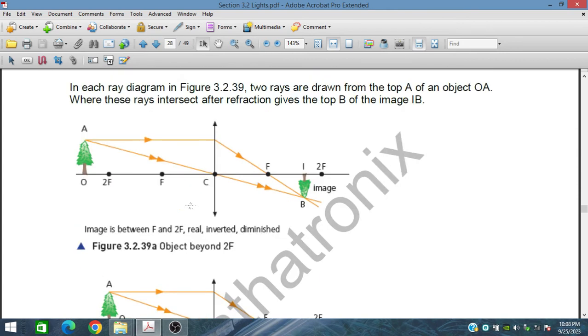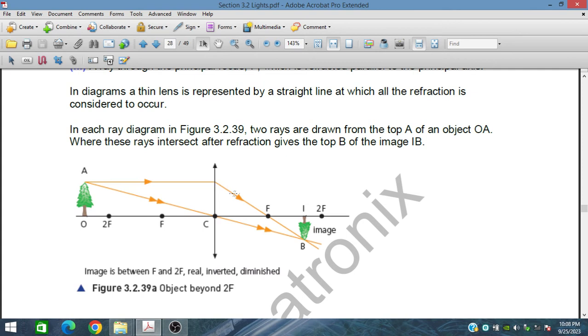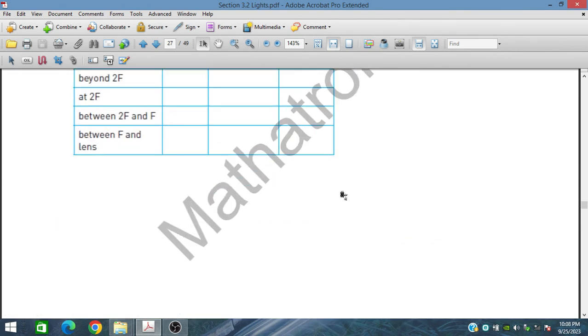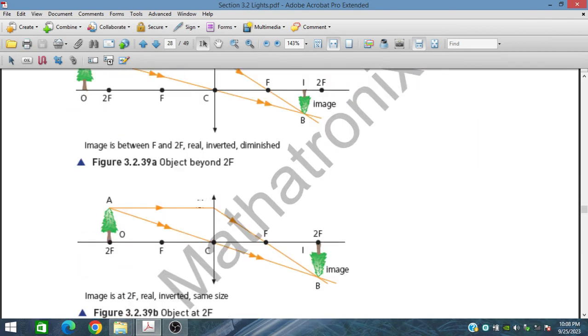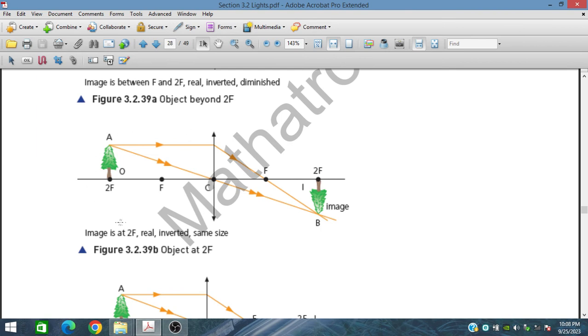So we have seen the ray diagrams, three ways. This is one ray diagram, this is the second ray diagram, and the third one is this one. By drawing any two rays, we can draw the image for the object at different locations, as given in this box. We have drawn these diagrams at 2f, and this kind of question is asked in final examinations.